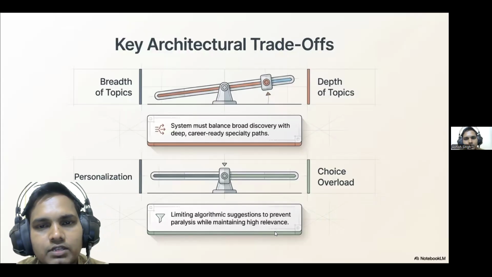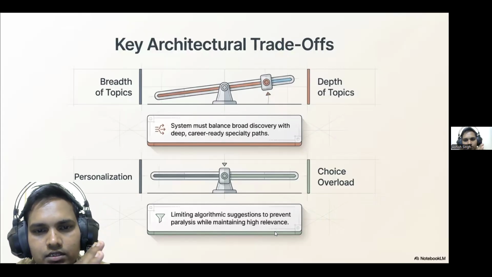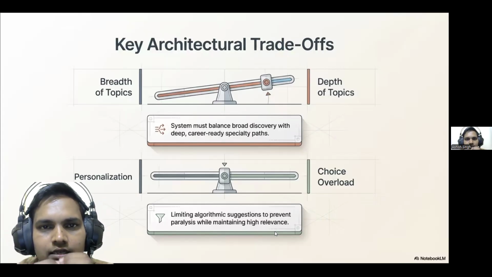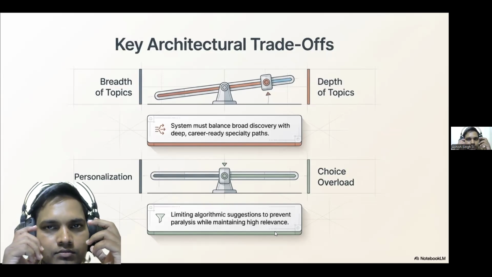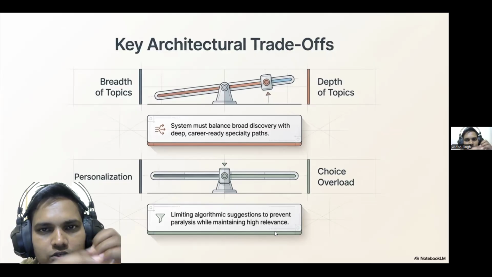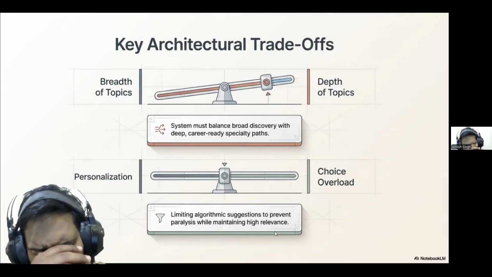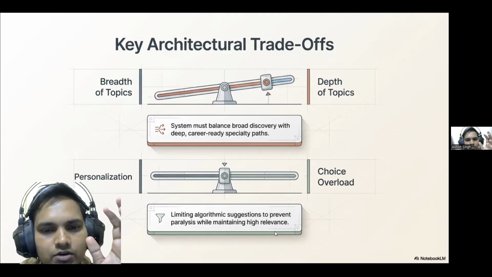The next point is the key architectural trade-offs. Breadth of topics is more important than depth of topic. First, we need to decide what kind of course I want to get into. Most online learning platforms get confused here, thinking that if they have a course, they need to sell it, but we are not focusing on that.